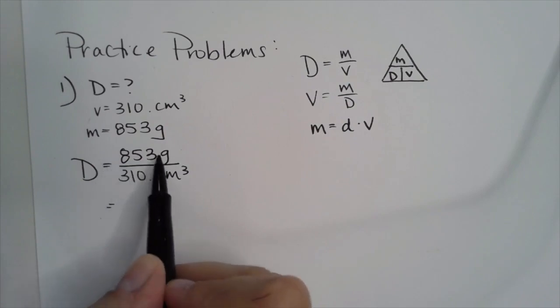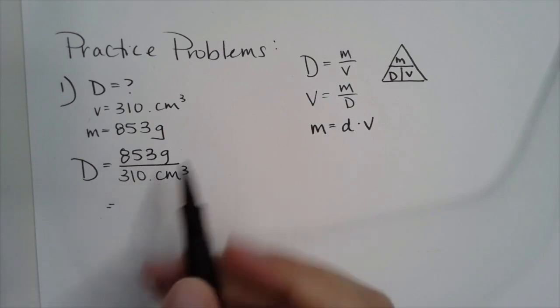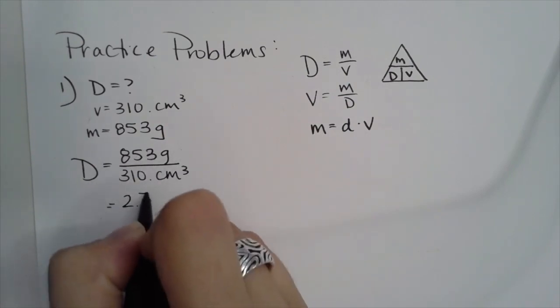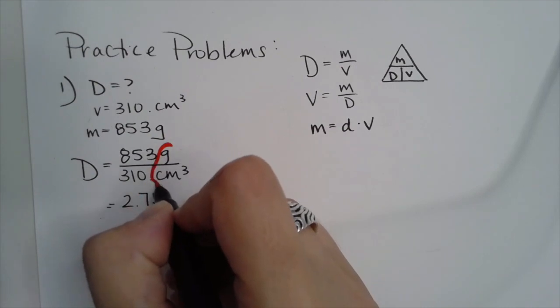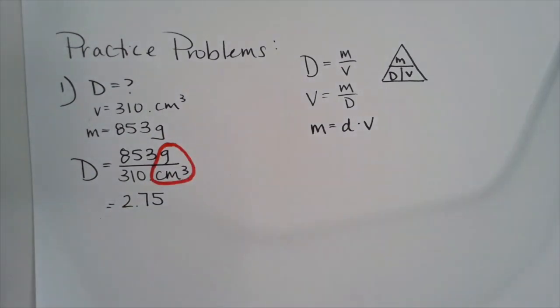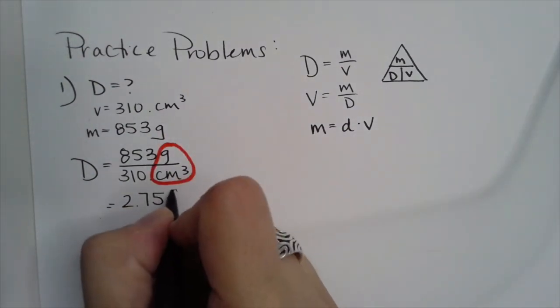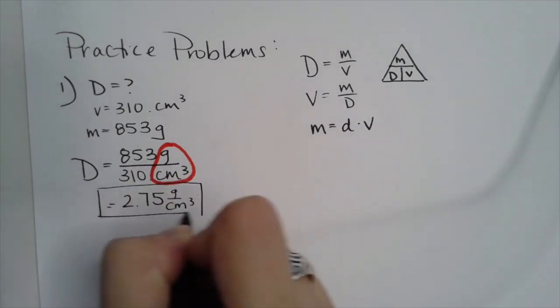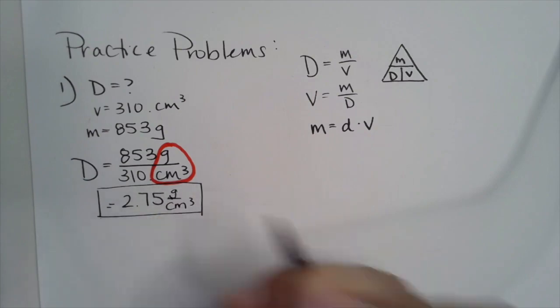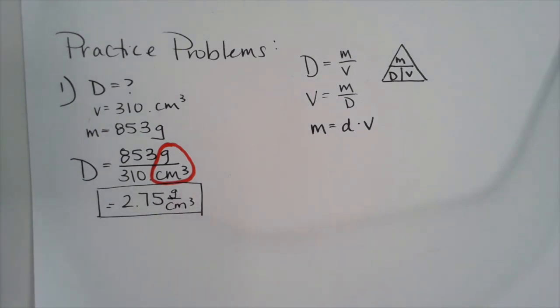I have 3 significant figures here, 3 here. Your answer should also have 3. And don't forget units. You can find your units right here. It's grams divided by centimeter cubed. Don't forget those. Those are really important. There's the answer to number 1.